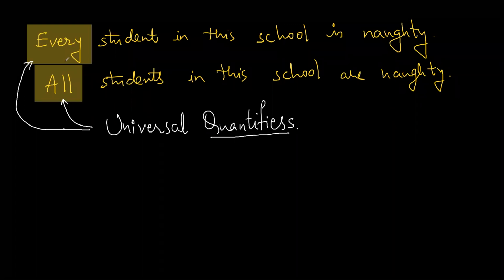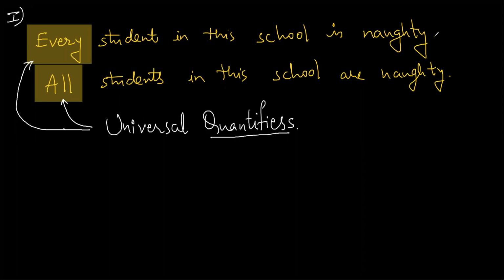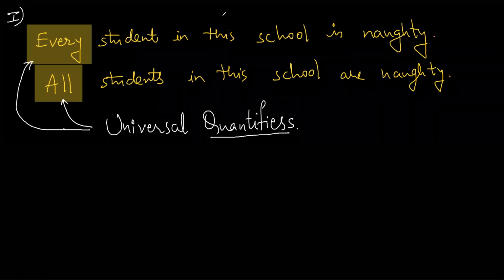Now remember, I wrote every student, this is the first example I gave you. I wrote every student in this school is naughty, or I said all students in this school are naughty. Now, when I say this, suddenly one student strikes your mind, and you know that he is not naughty.